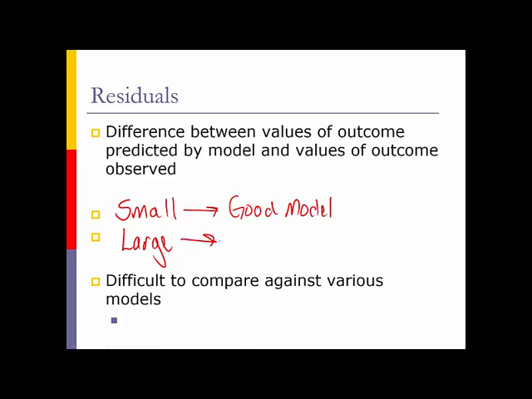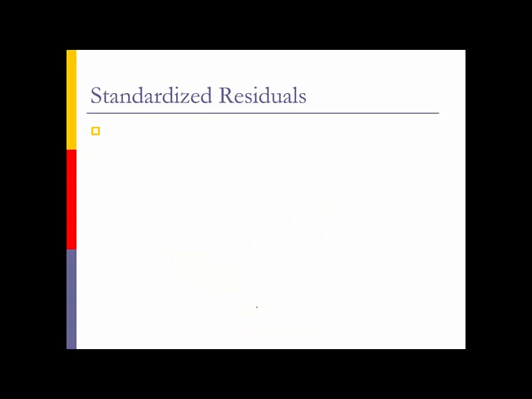If we have a large amount of error, we're obviously going to have a poor model. Now the problem is, in just looking at residuals, we can't compare against a bunch of different models, because these residuals are what we would call unstandardized. So we're going to have to standardize these residuals.